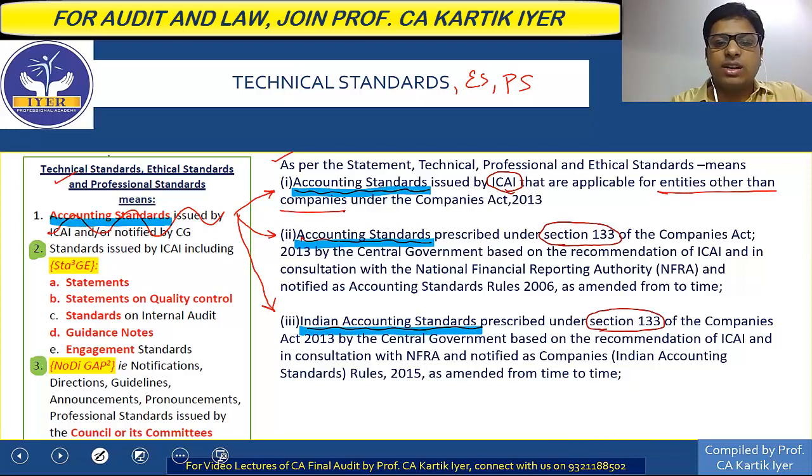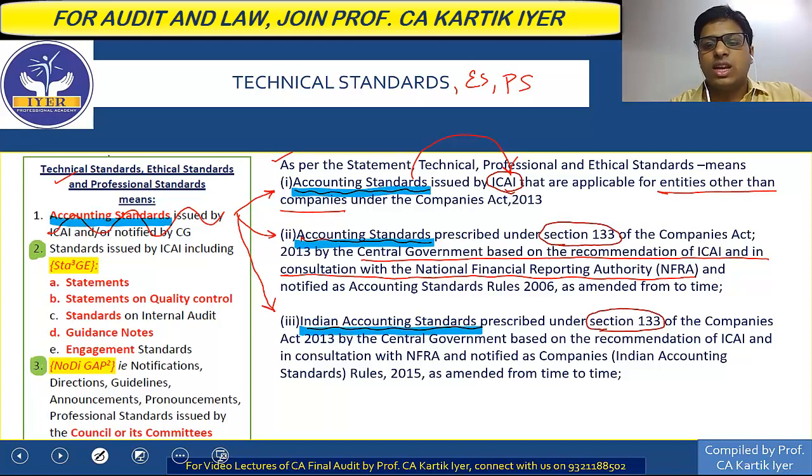So that is nothing but the standards which have been issued by ICAI. Next is accounting standard prescribed under section 133 of the Companies Act 2013 by the central government based on the recommendation of ICAI and in consultation with NFRA, and notified as Accounting Standards Rules 2006 as amended from time to time. So that is basically your accounting standards prescribed under section 133.